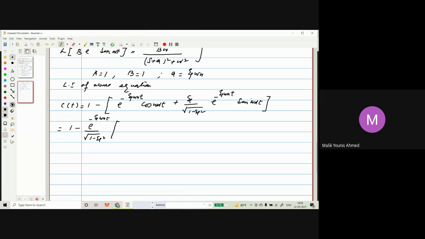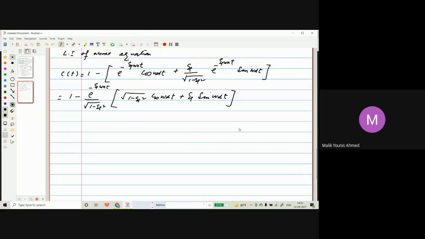Inside the brackets, this has gone, so we need to multiply in order to balance it by under root of 1 minus xi square cos omega d t plus xi sine omega d t. Up to here, I think there's no problem.